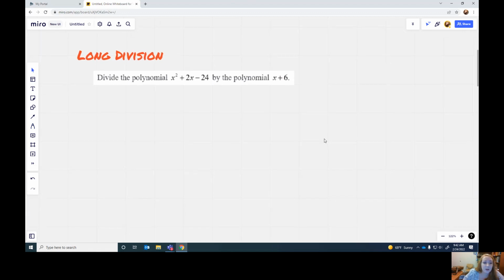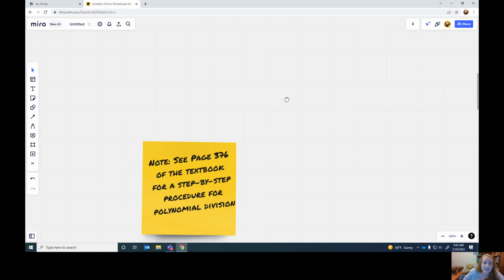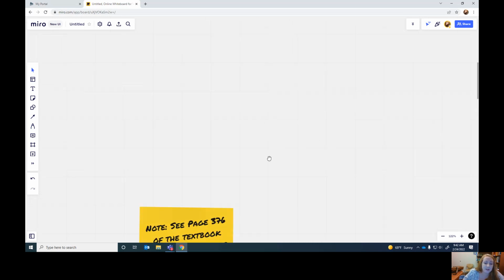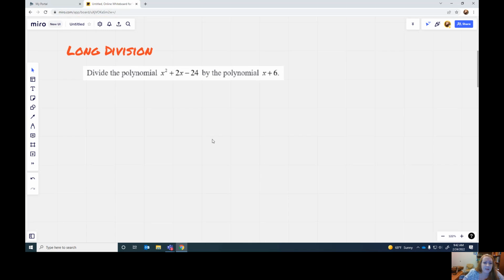We're going to jump straight into an example, but if you prefer to see a step-by-step process, you can see page 376 of your textbook. In a minute after we do this example, I'll show you how to get to the textbook, just in case you haven't been using that feature on Hawks.